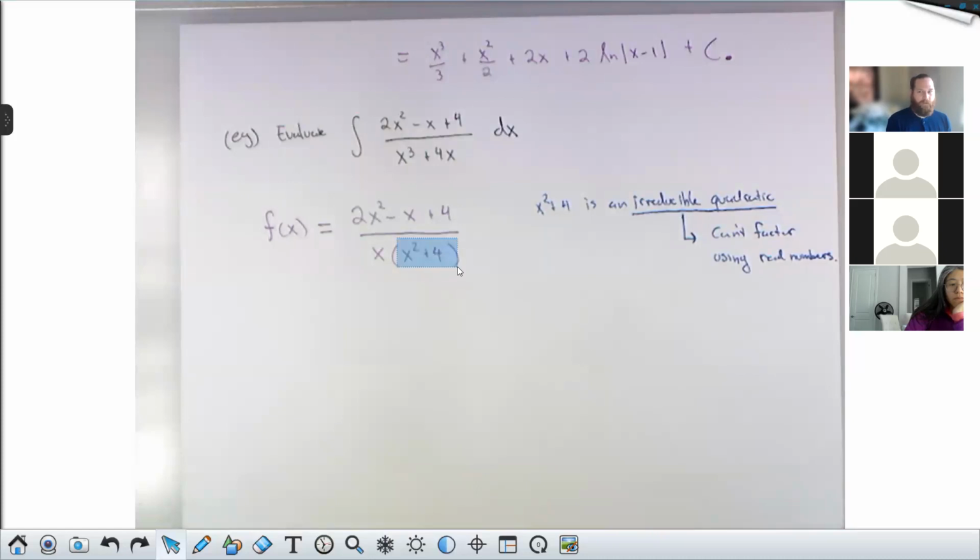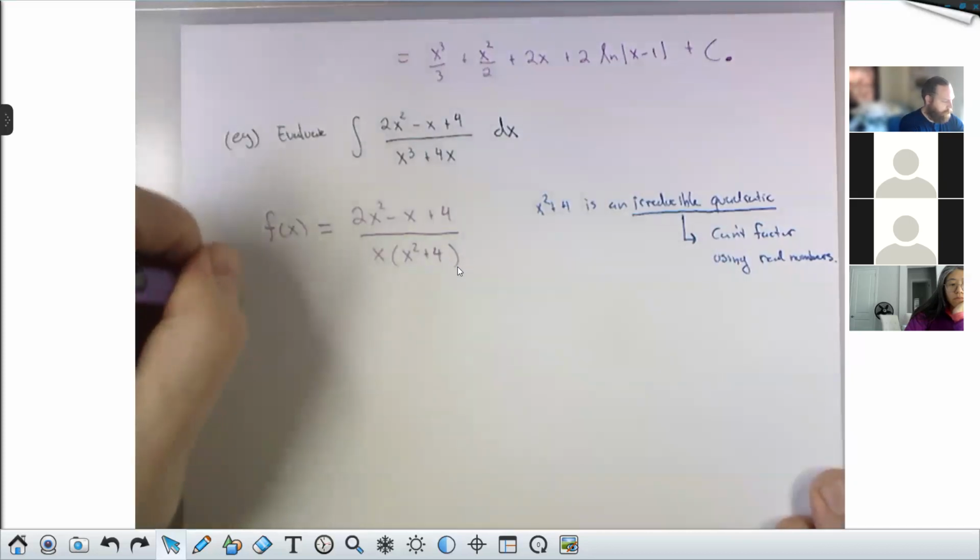which means when I think about what terms in the PFD setup could have contributed to this guy being downstairs, it's not just a constant over him. It's any proper rational function who has this as its denominator. And since the denominator, if you're just looking at this factor, would be quadratic, degree 2, that means you have to allow for the numerator to be not just constant, but linear.